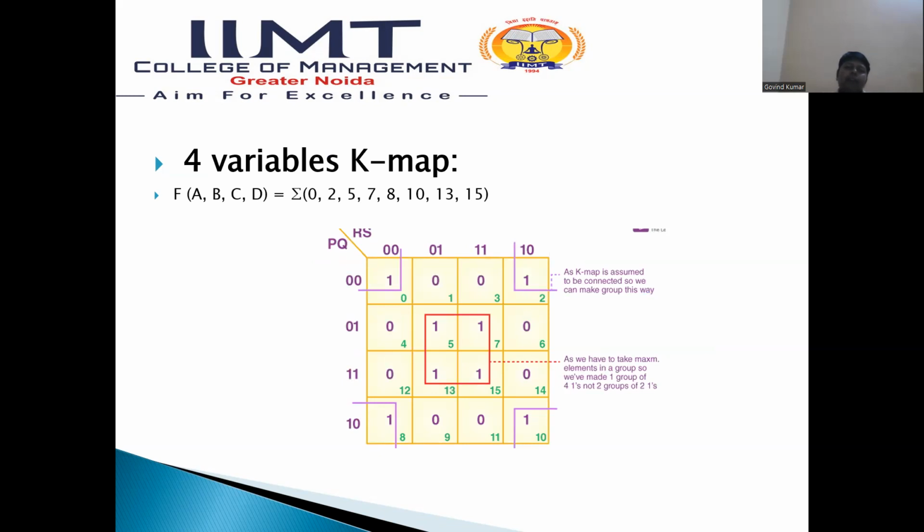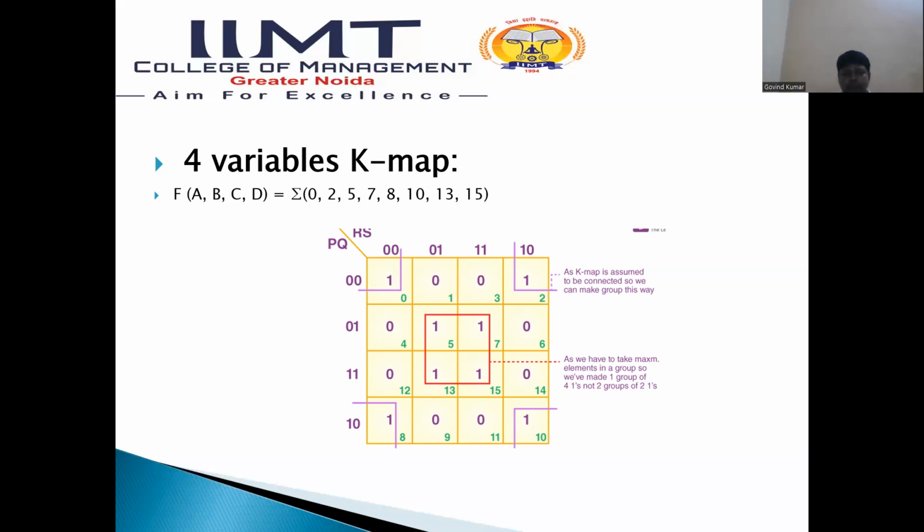Four variables according to the K-map: F(A, B, C, D) is equal to sigma of 0, 5, 7, 8, 10, 13, 15. According to the K-map, we create the diagram. 2 to the power 4 is equal to 16 cells.